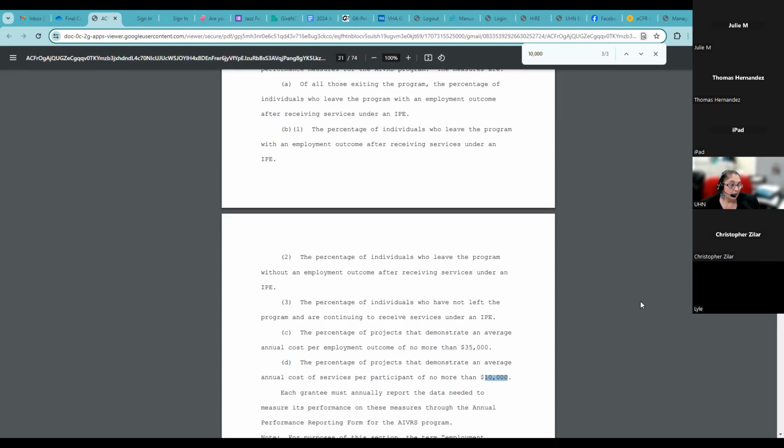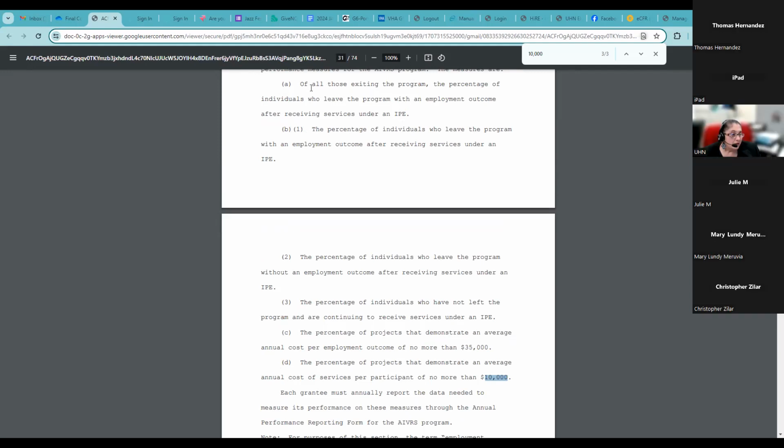Language is very close to identical. Of those exiting the program, the percentage of individuals who leave. So this is of all those exiting the program, so I'm assuming they're looking at a percentage of what we used to call the rehab rate.